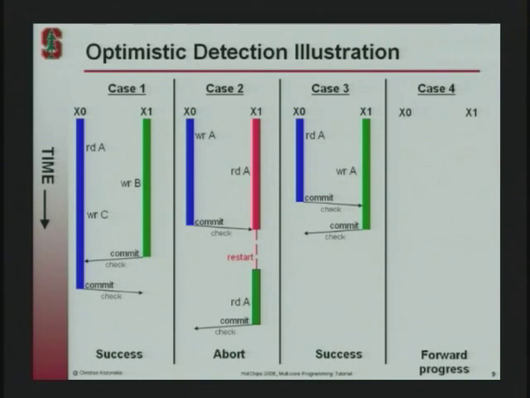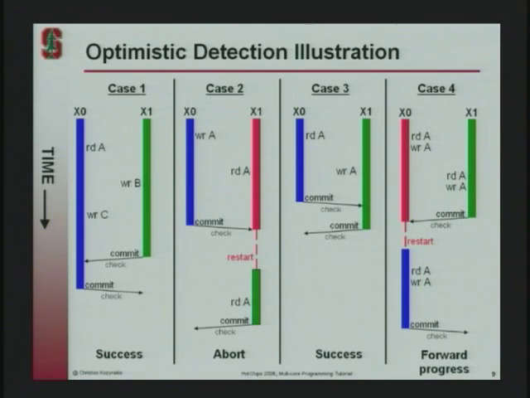And then another nice thing about the optimistic detection, I'm sorry again, is that it's much easier to provide forward progress guarantees when you catch the problem when transaction 1 is about to commit. You will abort transaction 0, but the nice thing is that when it re-executes, transaction 1 is out of the way, because we caught the problem when it was about to commit.